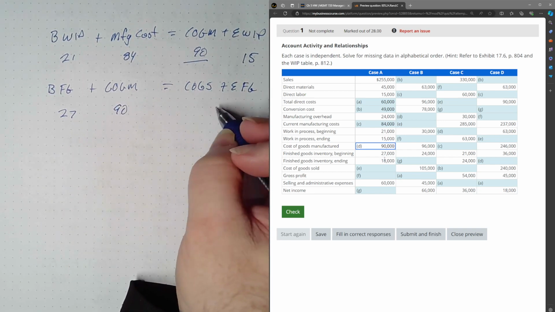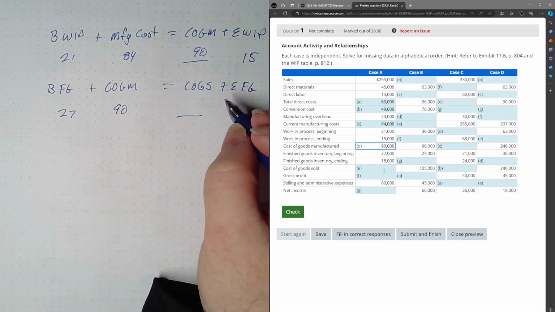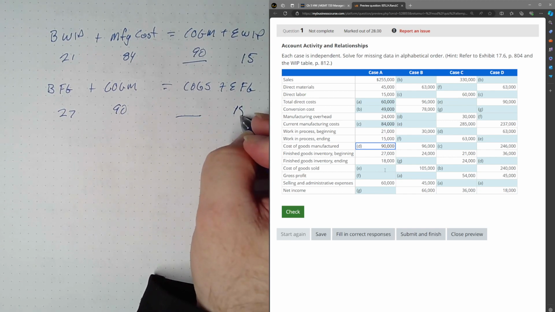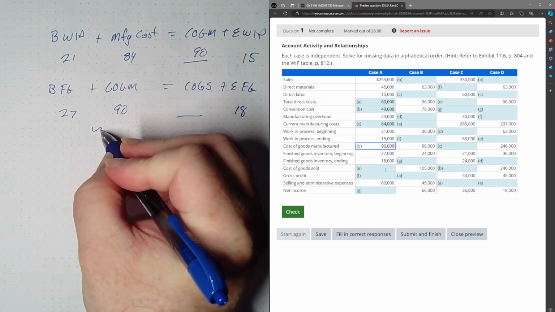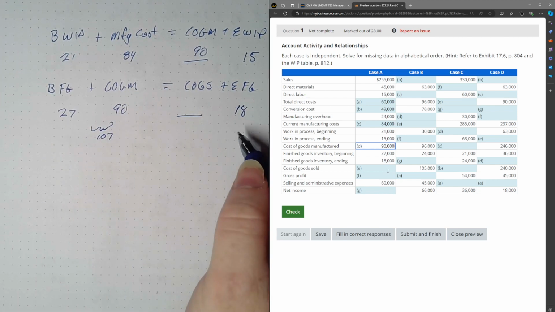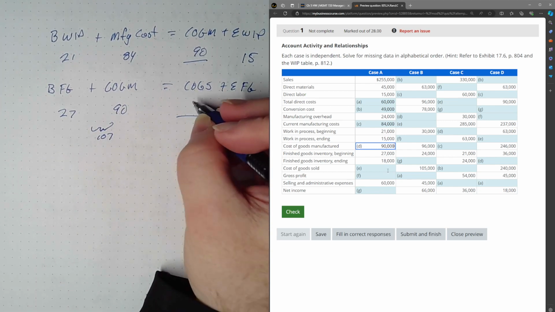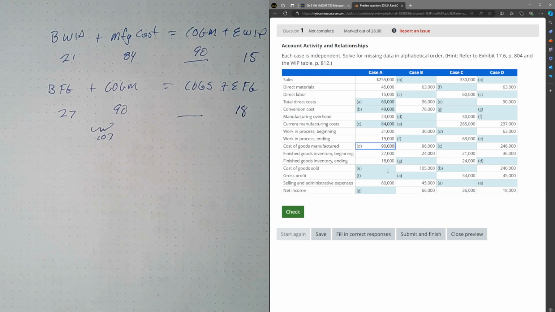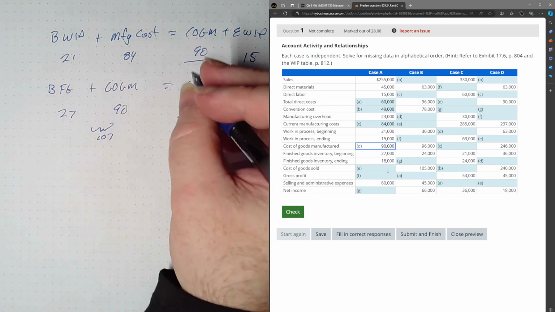Cost of goods sold is what we're looking for. Ending finished goods is 18. So this is going to be 107 minus 18. So I'm going to guess that's 99, or let's see, 89. Let me just double check. 89.